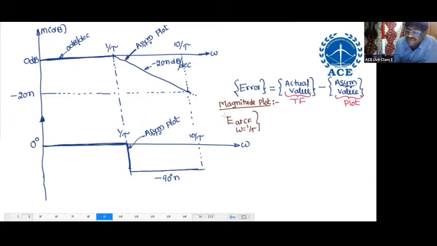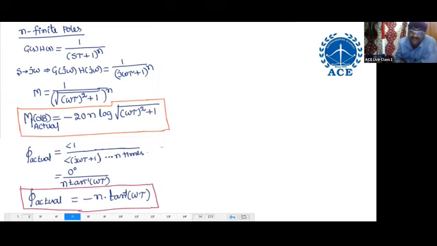At 1 by tau only the slope changes, from 0 to minus 20n. So the error at 1 by tau equals actual value minus asymptotic value. What is M actual? M actual equals minus 20n log root of omega tau square plus 1. What is omega? 1 by tau. You have to substitute 1 by tau here.